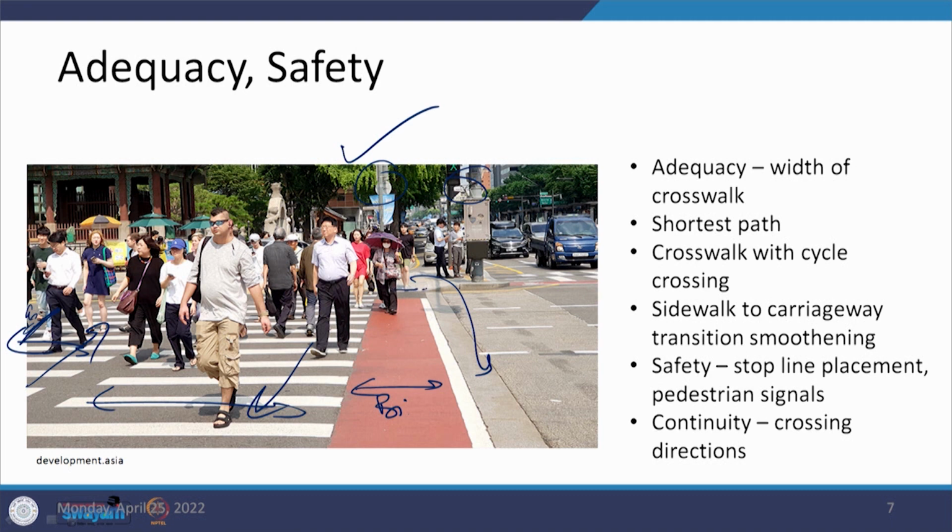So, you can see that there is this type of flared system being provided, which we have discussed previously, and this is coming down to the level of the carriageway. So, some slope is going to be there in this direction as well as in this direction, and then this bicycle facility, as you look at it, is going to be connected to the other side in this form. So, it is one of the good designs where adequacy, safety, connectivity and continuity have been taken care of in the right manner.